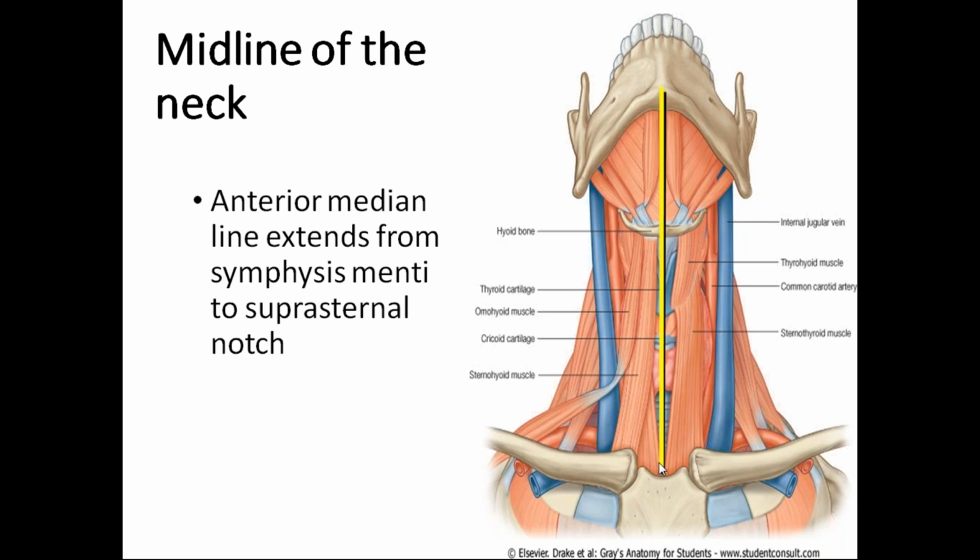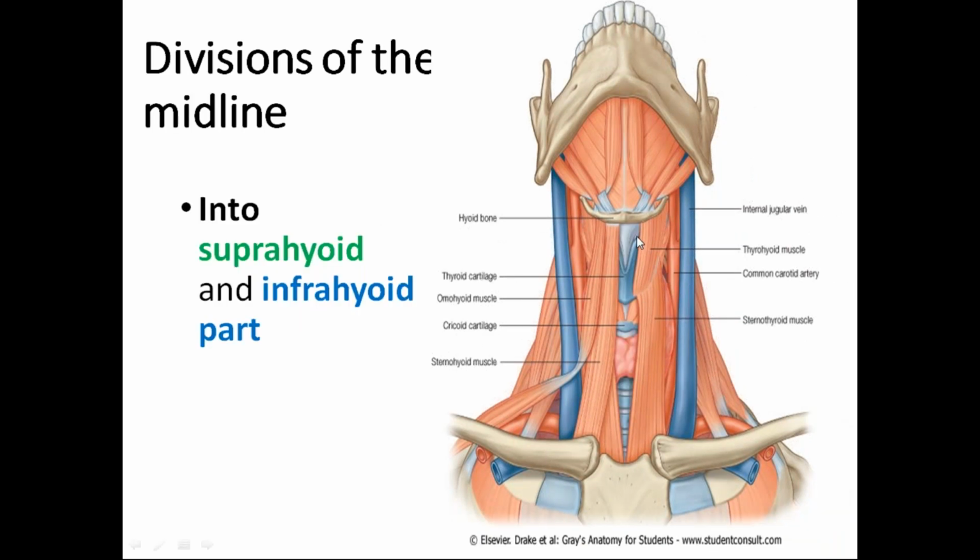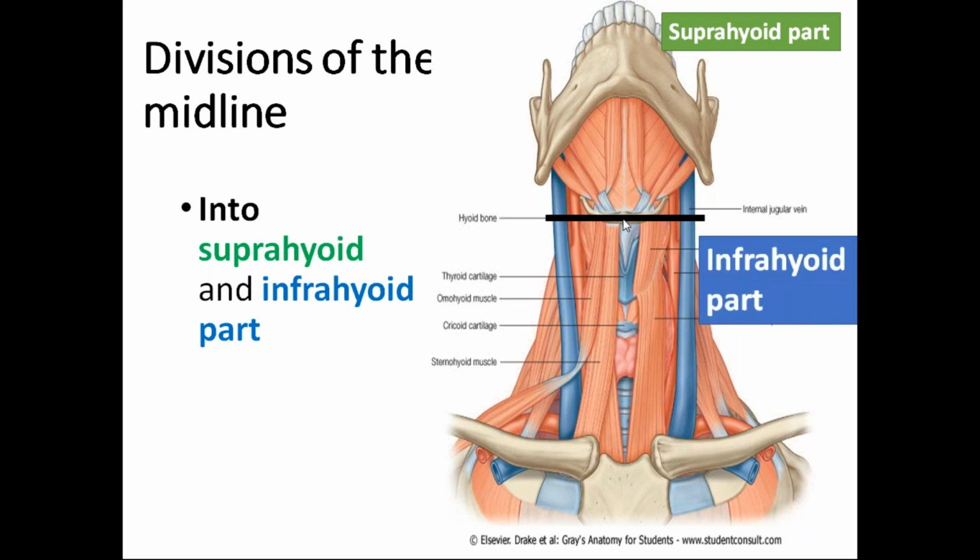Now the midline of the neck extends from the symphysis menti to the suprasternal notch. If you see the divisions of the midline of the neck, it is divided into two parts by the hyoid bone. You can see the hyoid bone in between. One part above the hyoid bone is called the suprahyoid part, and the next one is the infrahyoid part, below the hyoid bone.